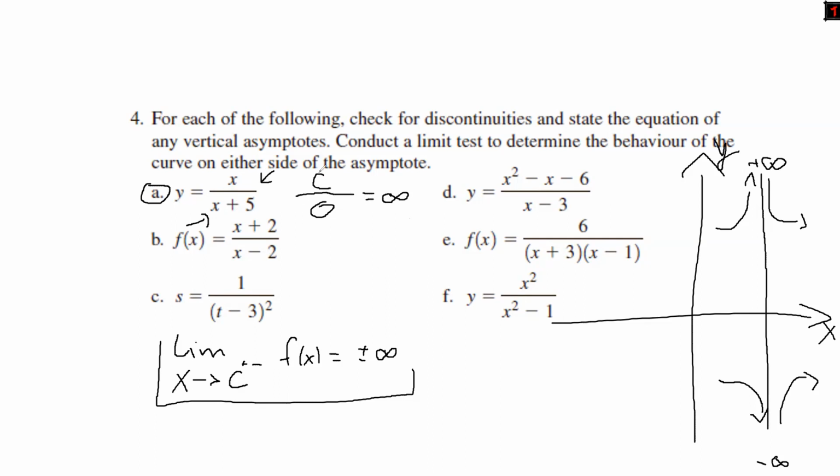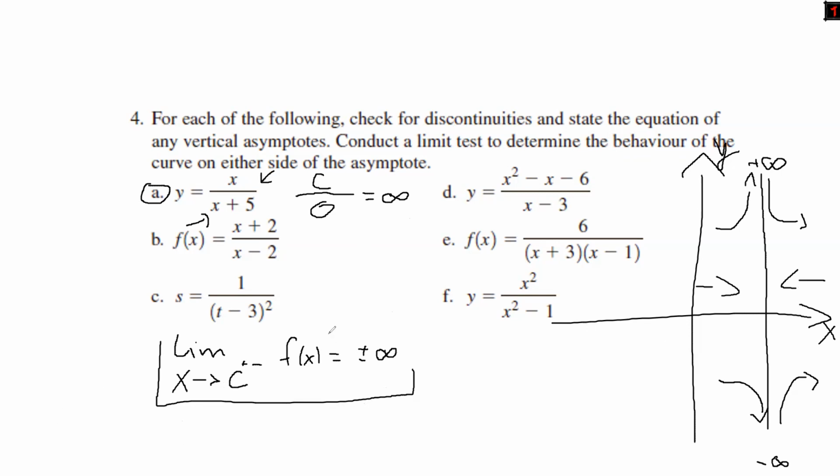Now you have to test it for the left and right hand side. Conduct the limit test to determine the behavior of the curve on either side of the asymptote. What is the limit test? When x approaches this constant value from the left, and the second case when it approaches it from the right hand side, right?